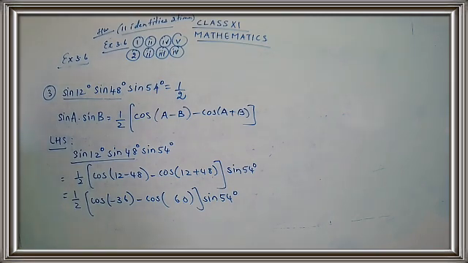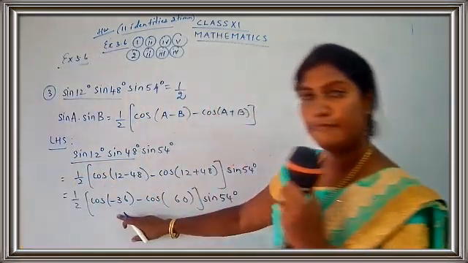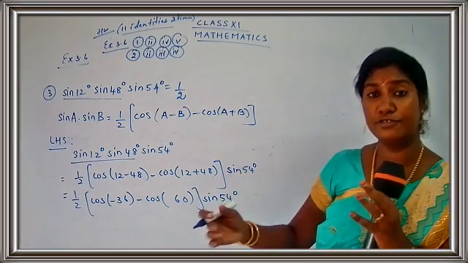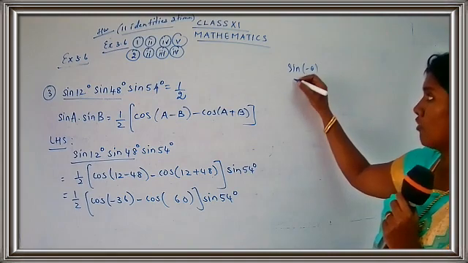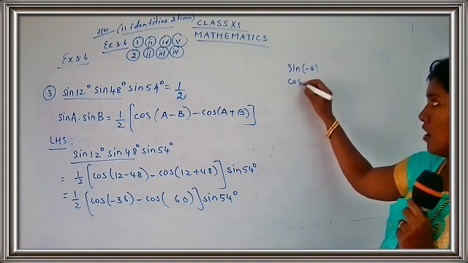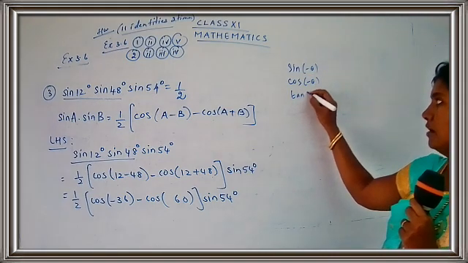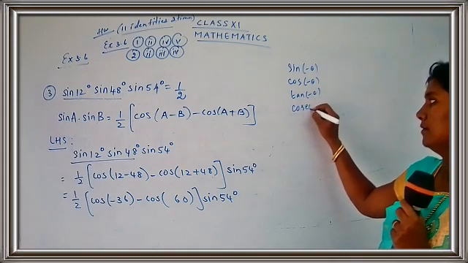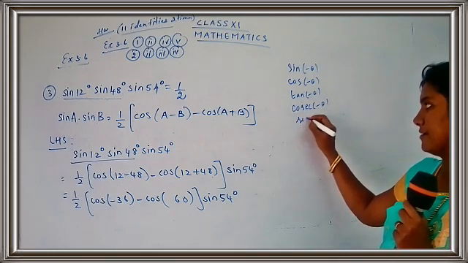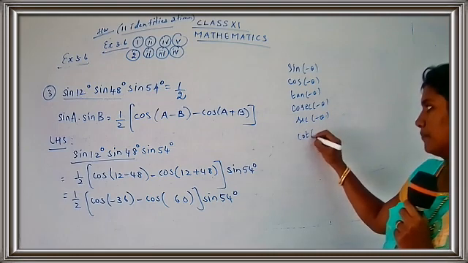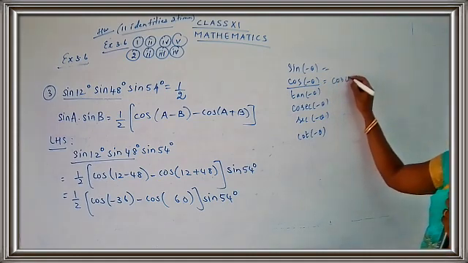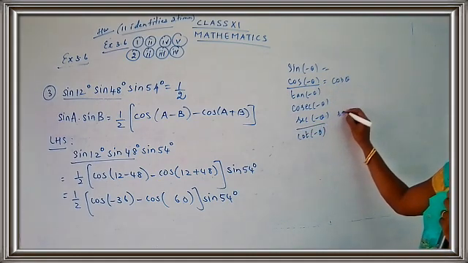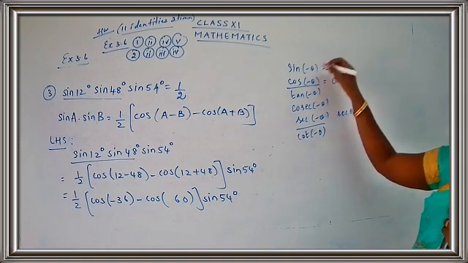I'm just going to substitute the value over here. Now this is cos of minus theta. Already we have written minus theta in terms of theta. When you talk about minus theta in terms of theta, for all the functions, sine, cos, tan, cosec, sec, cot, only this part changes. Cos of minus theta turns to cos theta and sec of minus theta is sec theta. And for the remaining, the minus sign comes in front.